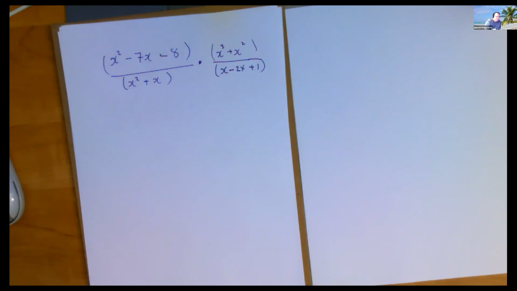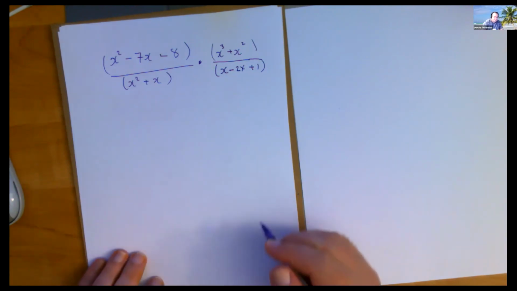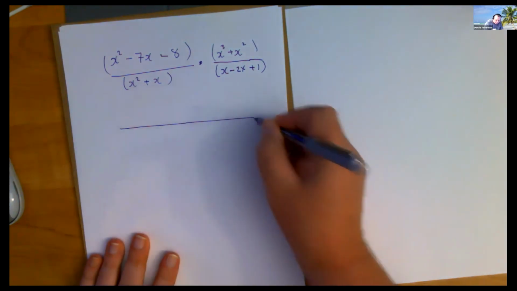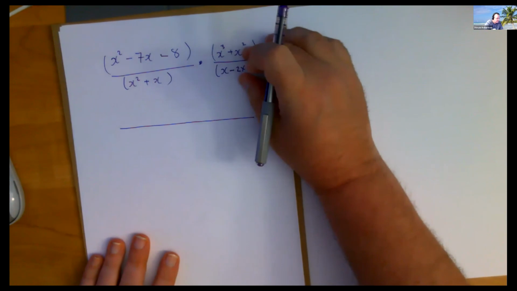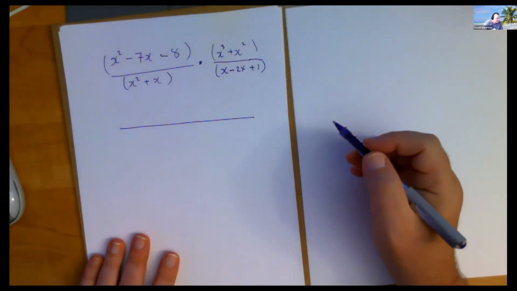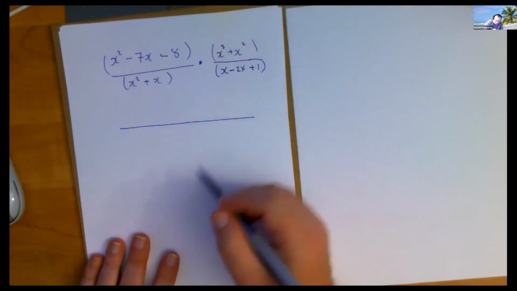Okay, that's a pretty major heavy duty one again, right? If I want to save a line of work, couldn't I just ignore the bit where I stick them as a single fraction and just go straight into factoring everything? So let's see what we can do.